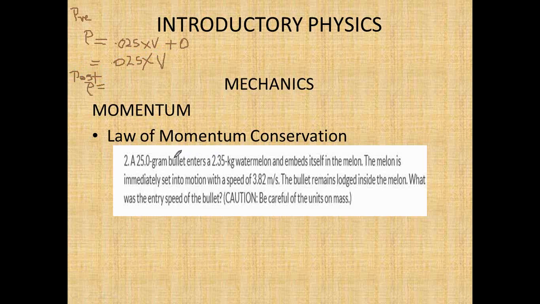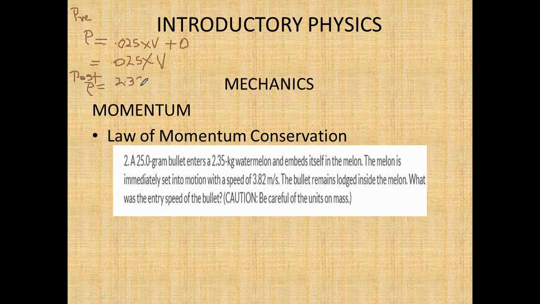You have to add the mass of the bullet, because remember, the bullet is now lodged inside the watermelon. So the masses combine. When you add 25 grams to 2.35 kilograms, you're going to get 2.375.